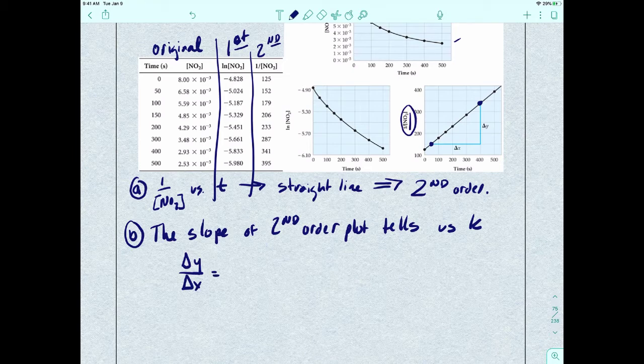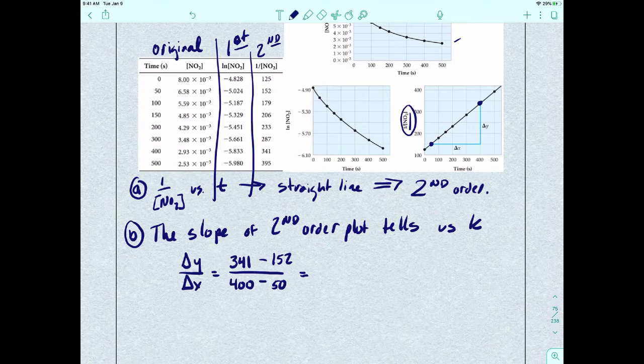If we take a look at those 2 points, one point has a y value of 341 and an x value of 400. For the other point, the y value is 152 and the x value is 50. I'm just getting those from the graph, from those 2 points.